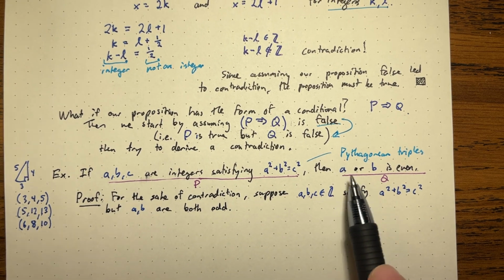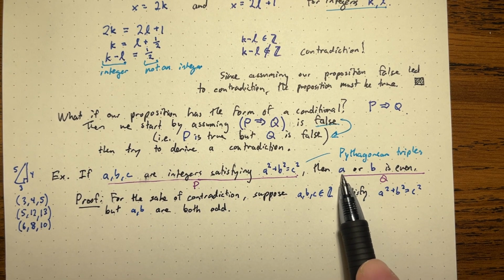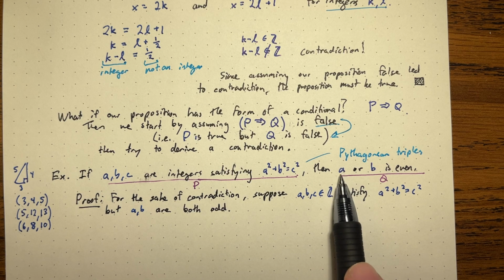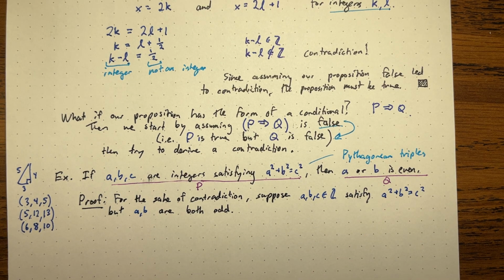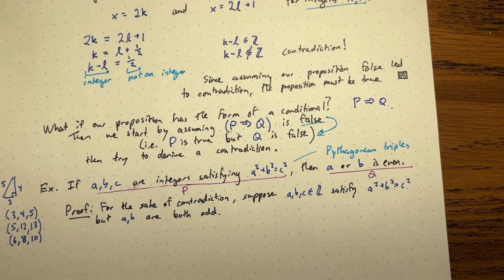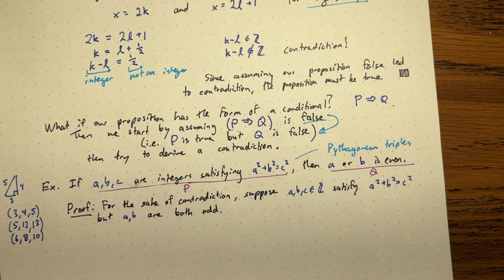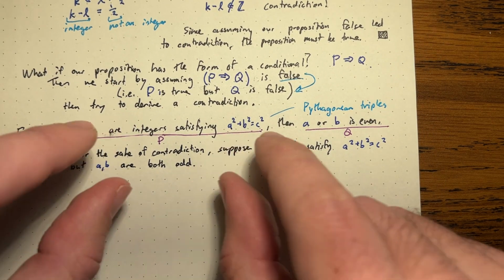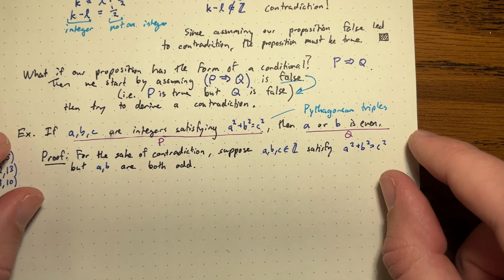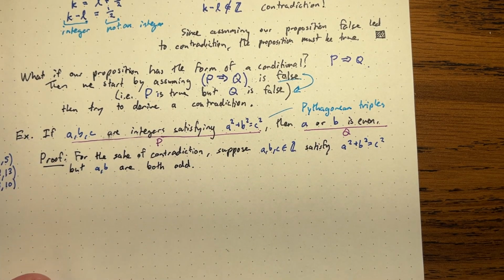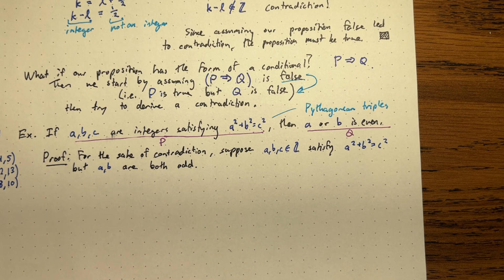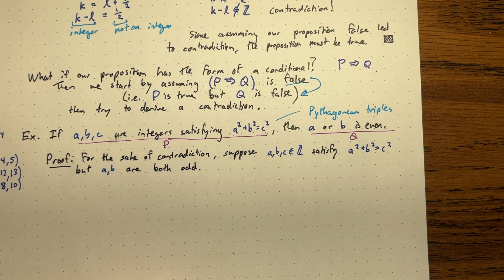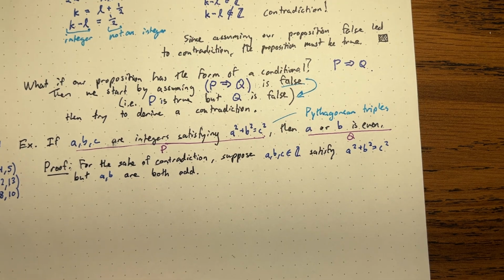So A is even or B is even. The negation of that would be A is not even and B is not even, so A is odd and B is odd. So this is really important, just to get to this first sentence here. We're assuming P, but not Q. P is true, but Q is false. Now we have this set up for the rest of our proof.